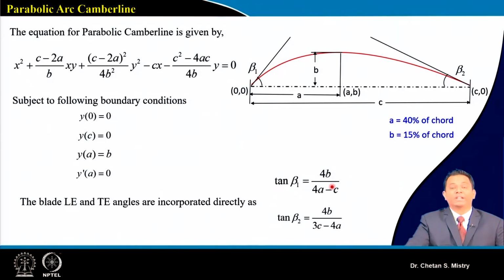It says tan beta 1 is given by 4B by 4A minus C, and tan beta 2 is given by 4B divided by 3C minus 4A. So this will give us an idea of how to do our calculation for different parameters, that is, my A, B and C.